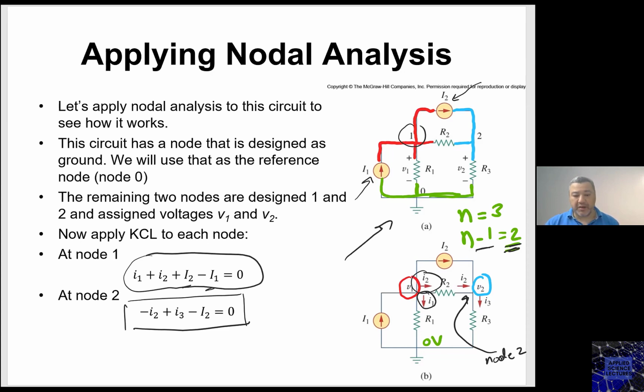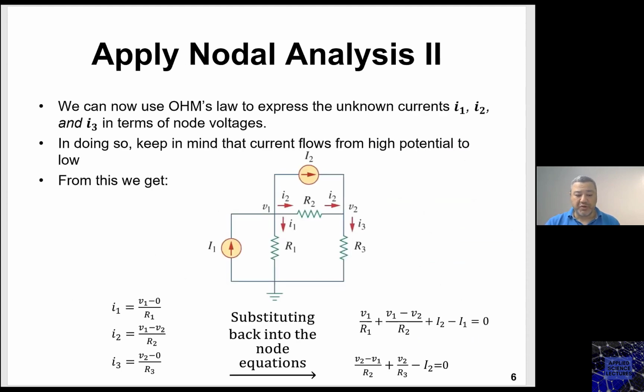Now, the next step is using Ohm's law to substitute those currents with their equivalent expressions. Here, I know that I1 goes from the positive toward the negative, so I wrote I1 to be V1 minus 0 divided by R1.